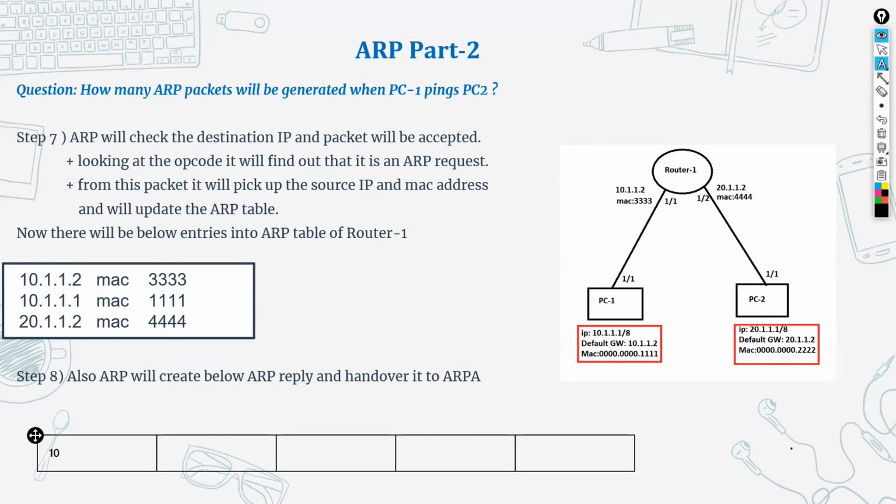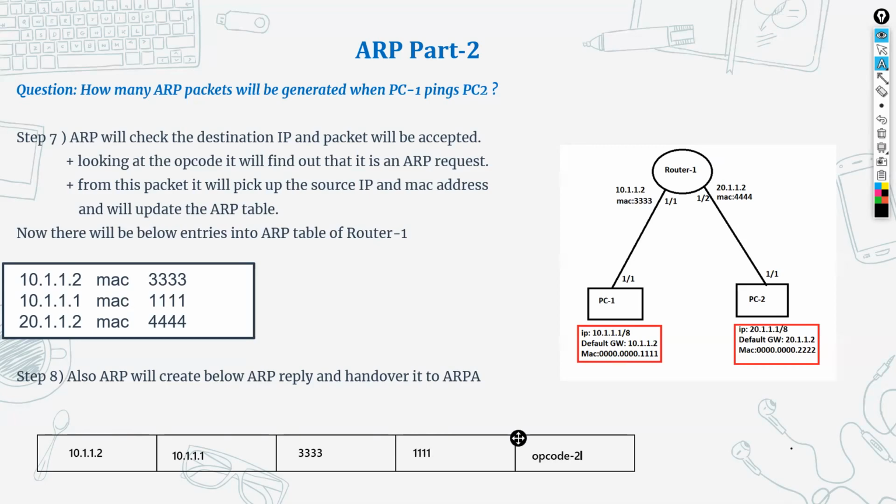So the source IP will be 10.1.1.2, which is the router 1 IP address. The destination IP is the PC1 IP address. Source MAC will be the MAC address of Ethernet 1/1 of router 1. Destination MAC, PC1 MAC.